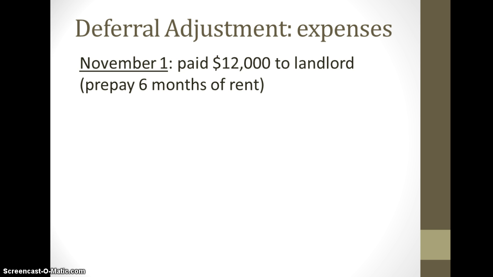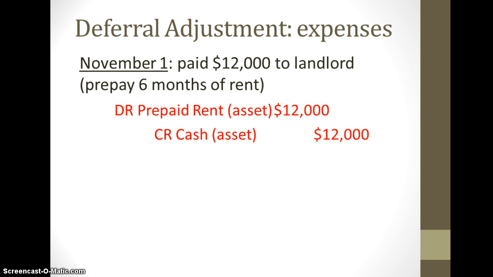So what's going to be that journal entry on November the 1st? We've given them cash of $12,000, but we haven't used up any of the rent, so we can't record any rent expense. So the journal entry needs to be a debit to an asset account called prepaid rent, or prepaid rent expense, for $12,000 and a credit to cash for $12,000.